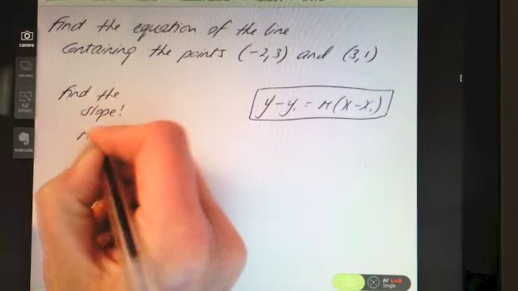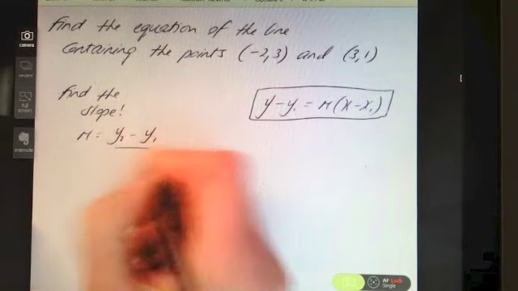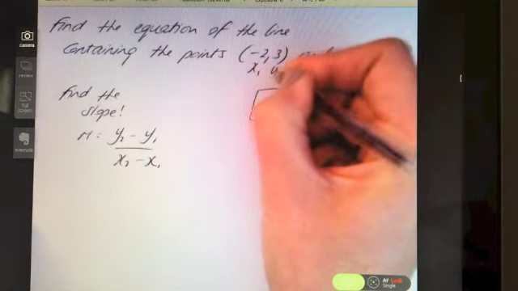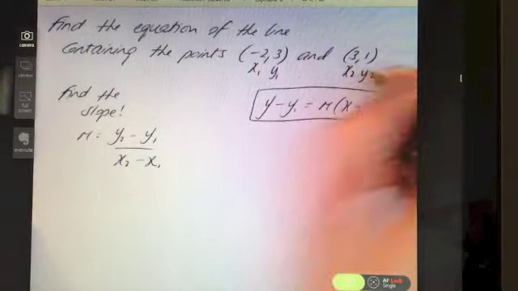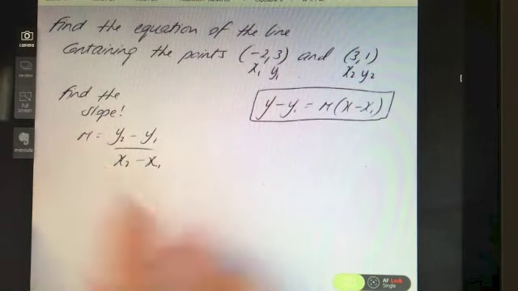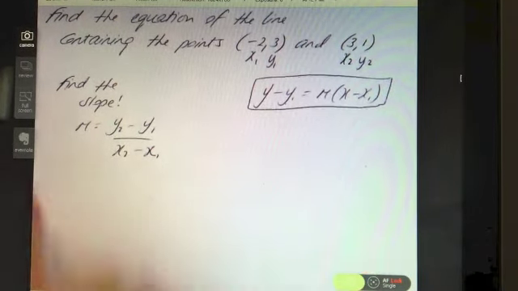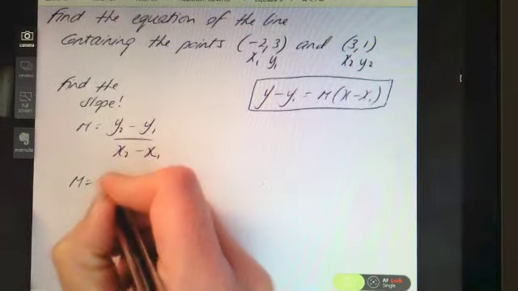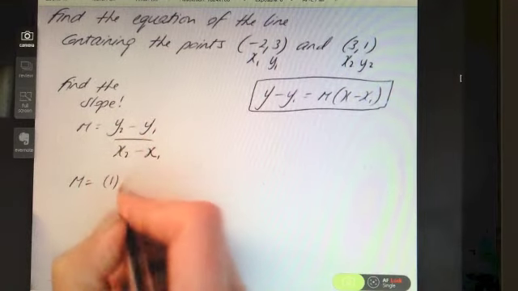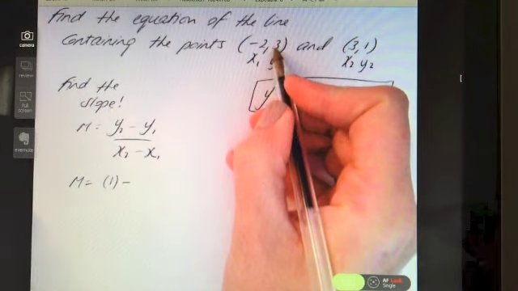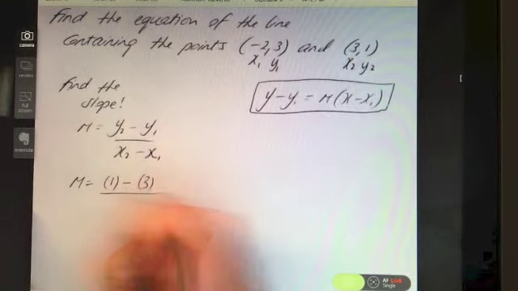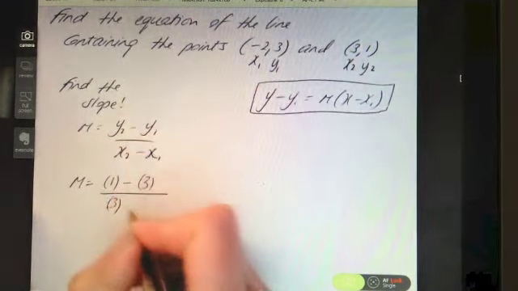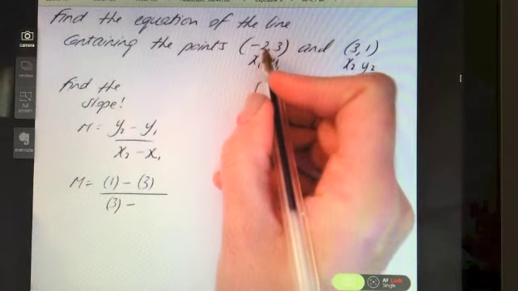So slope formula is y2 minus y1 over x2 minus x1. So label our points x1, y1, x2, y2, and let's find the slope. So subbing that in, the slope is going to be y2, which is 1, minus y1, which is 3, over x2, which is 3, minus x1, which is minus 2.